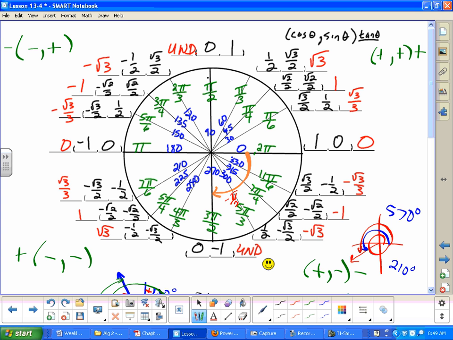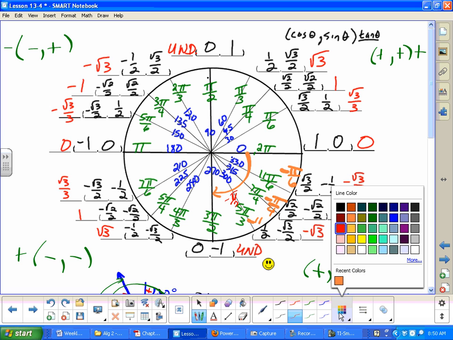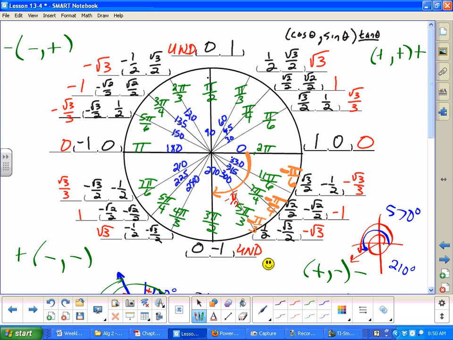Which means that 11pi/6 is the same as -pi/6. 7pi/4 is the same as -pi/4. 5pi/3 would be the same as -pi/3. Or instead of 330, we're talking about -30 and -45 and -60.